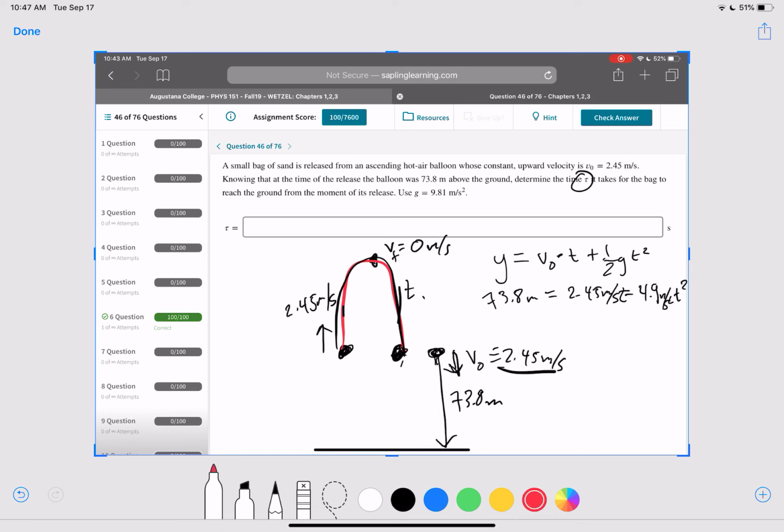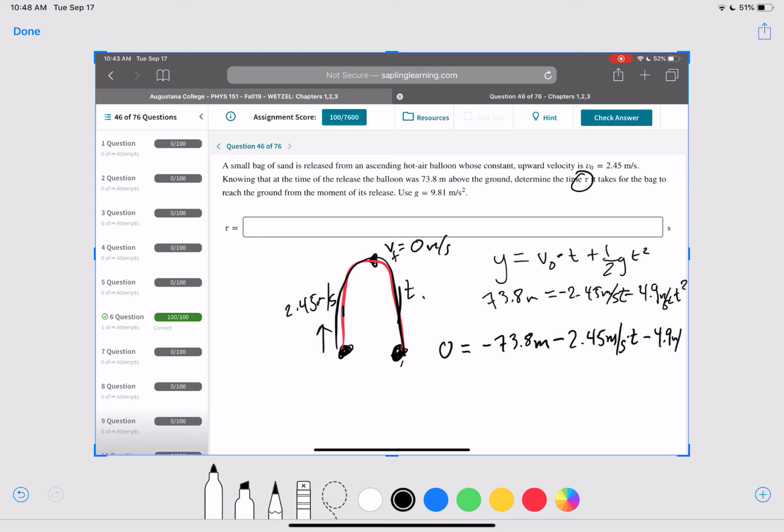So this equation here, if I rewrite it to make it look a little bit nicer, I'm going to bring the 73.8 to that side. Okay, so I'm going to have 0 is equal to negative 73.8 meters minus, because our initial velocity is actually in the negative direction, minus 2.45 meters per second times t minus 4.9 meters per second squared times t squared.